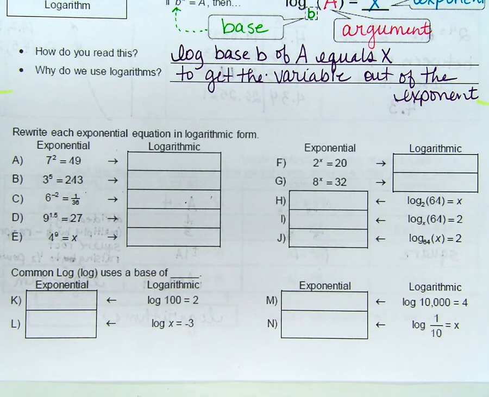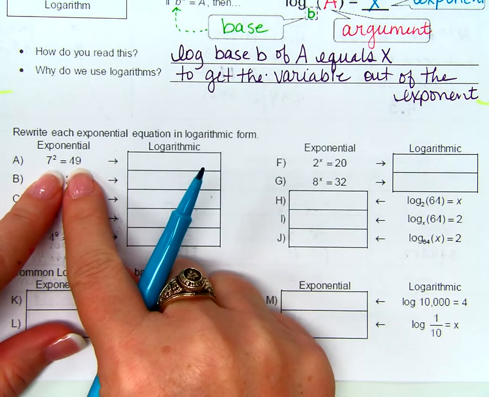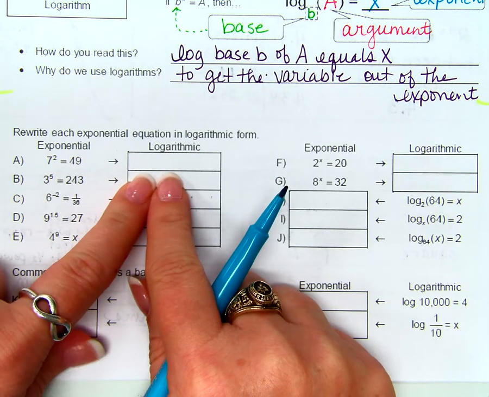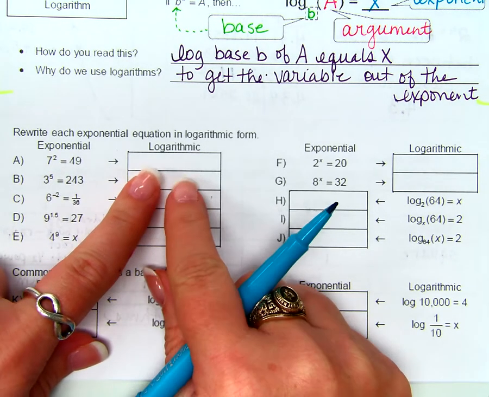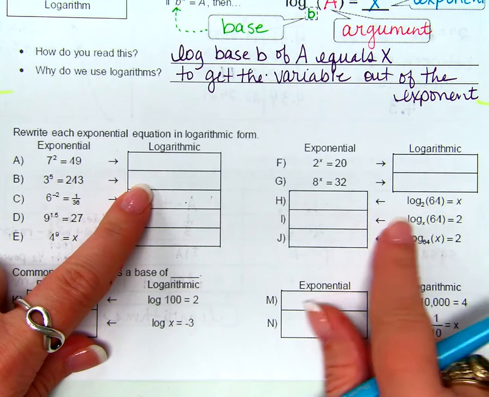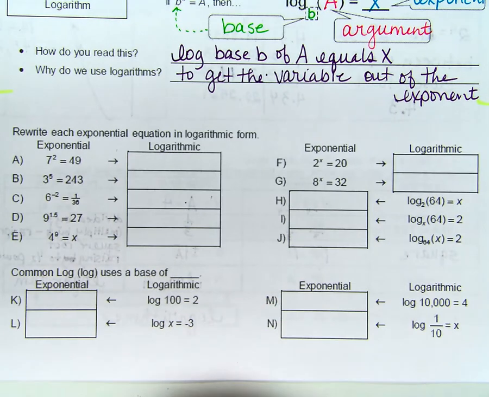I don't mean like the bad way of manipulation. Like we're not going to try to make it wear makeup when we don't think it needs to wear makeup or something like that. Okay? But we need to talk about how to change something from exponential form into logarithmic form. And I need to be able to give you a problem in logarithmic form and you change it back to exponential form. Any questions about that?